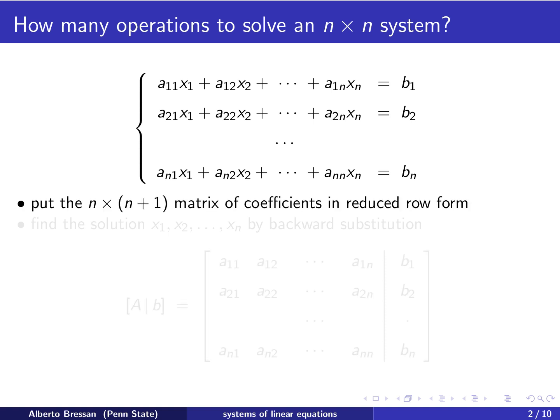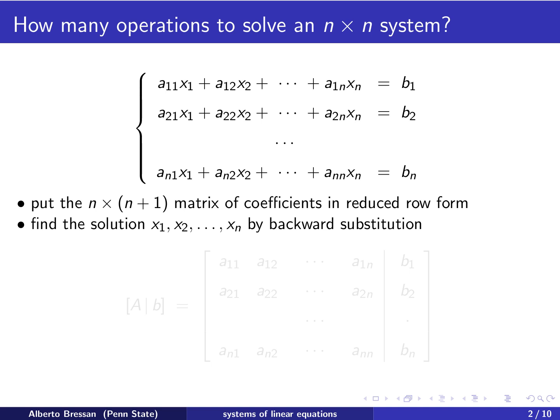So we know there are two steps we need to carry out to solve this equation. The first one is to put the matrix of coefficients in reduced row form, and here the matrix would be of size n times n plus 1.